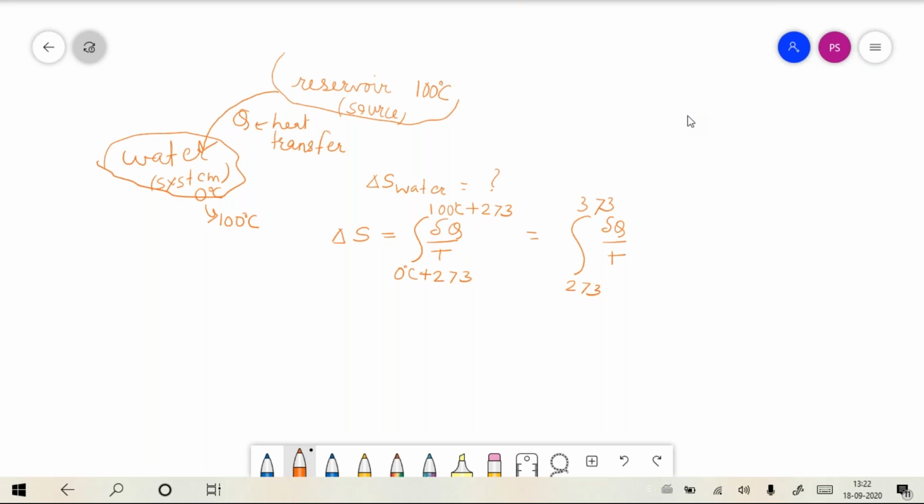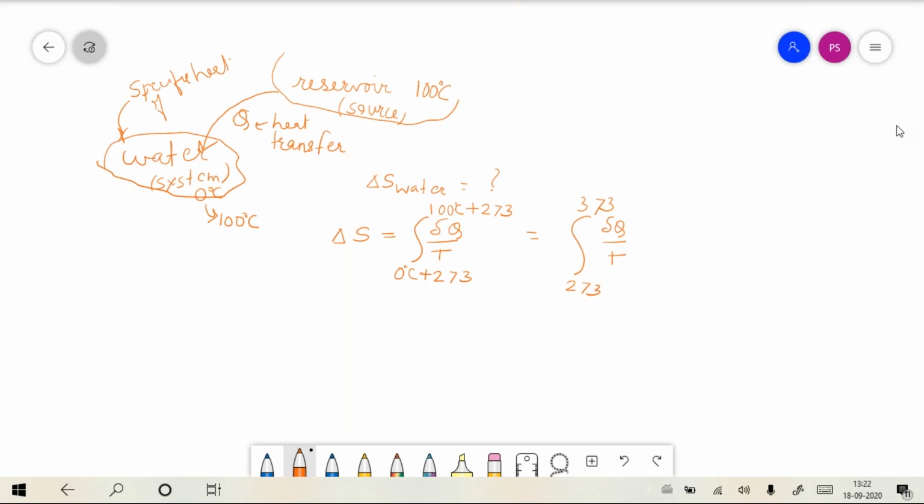How will you integrate this? How will you solve this now? Anybody has figured it out? Okay, so let me write down. This water gets heated, and how much heat is required for heating would depend on the specific heat of water.